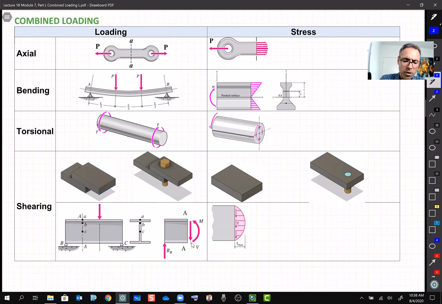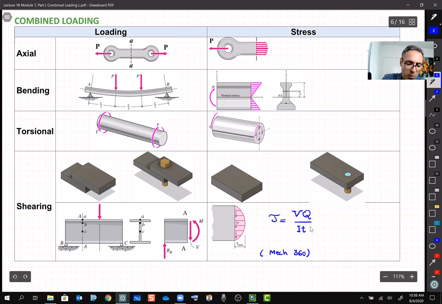And you saw this shearing also creates a stress, which is a topic for Mech 360 in your future course, if some of you are taking it. It has a formula, if you've seen it somewhere: tau is VQ divided by It. So I just write it down here, Mech 360. But it's not really complicated. It's very simple to calculate. V, you already calculated for each cross section. I is the moment of inertia, similar to bending. t is the thickness or the width.